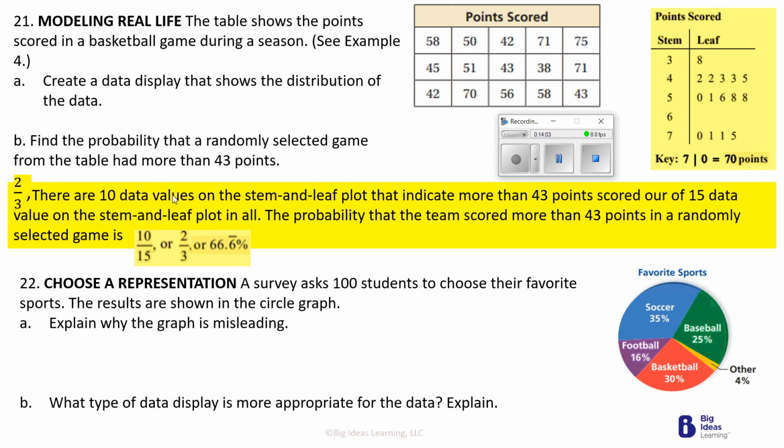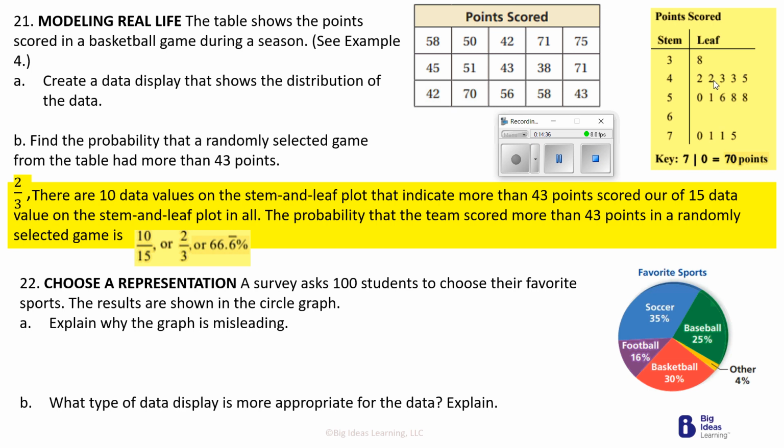There are 10 data values on the stem, right? Okay. So we're talking 1, 2, 3, 4, 5, 6, 7, 8, 9, 10.